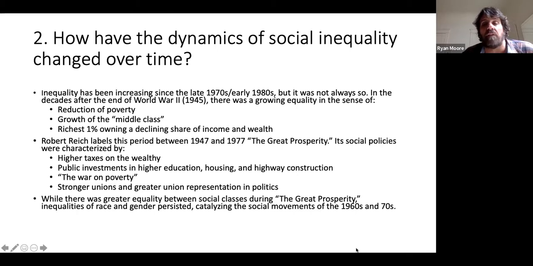During this period in the 40s and 50s and 60s, we were taxing the wealthy at a higher rate and using that tax money to pay for investments in higher education, in housing, and in highway construction. So again, a lot of this was racially exclusive and racially discriminatory insofar as it created this suburban white middle class and funneled a lot of money to the suburbs and to housing construction in the suburbs.